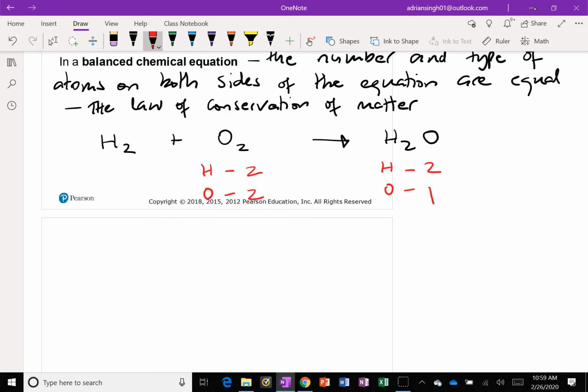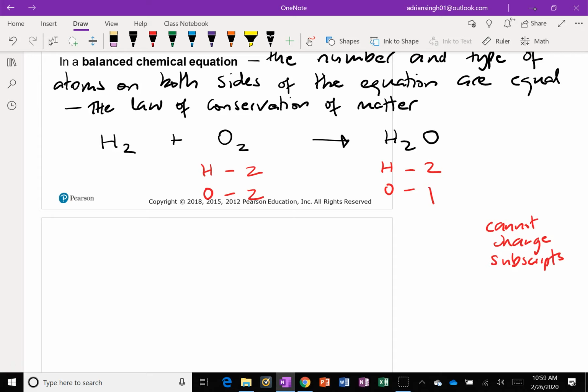So for instance, if I'm lacking my oxygen, I can't just say I can change my subscript here, right? You're not allowed to change a subscript. That's forbidden. So I can't simply put a 2 right after the O. Can't do that.